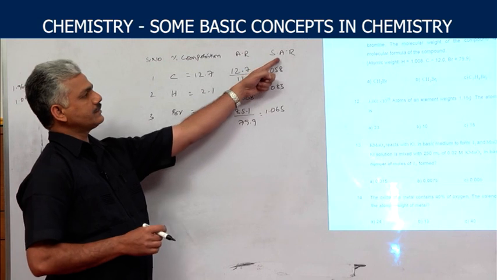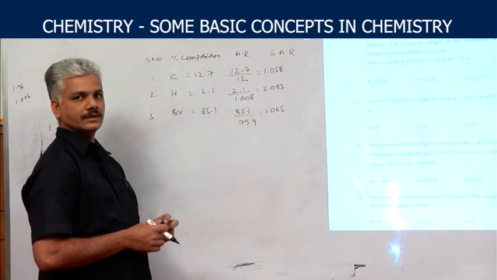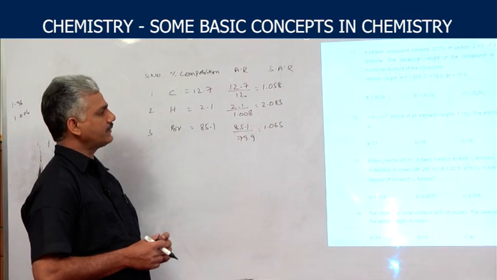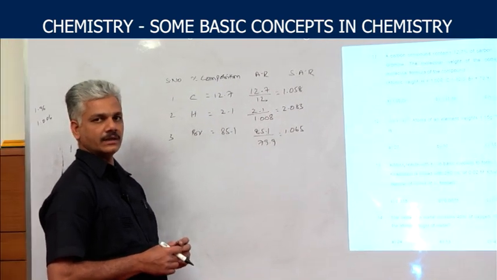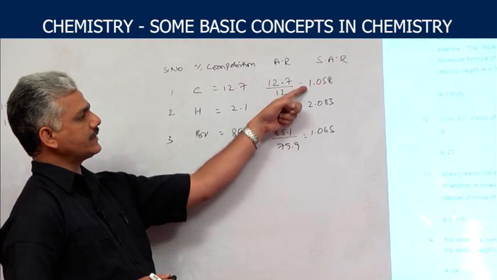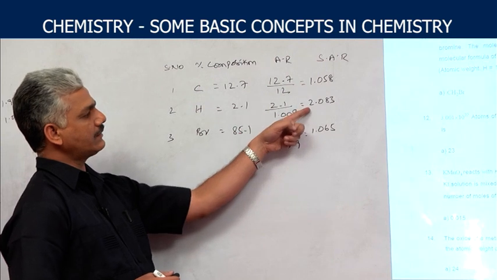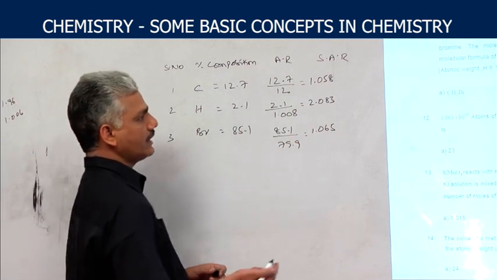To calculate the simplified atomic ratio, we have to select the least value in the atomic ratios, and with that we have to divide all other values. So, in the atomic ratios, the least value is 1.058. With that we have to divide the remaining 2 values.